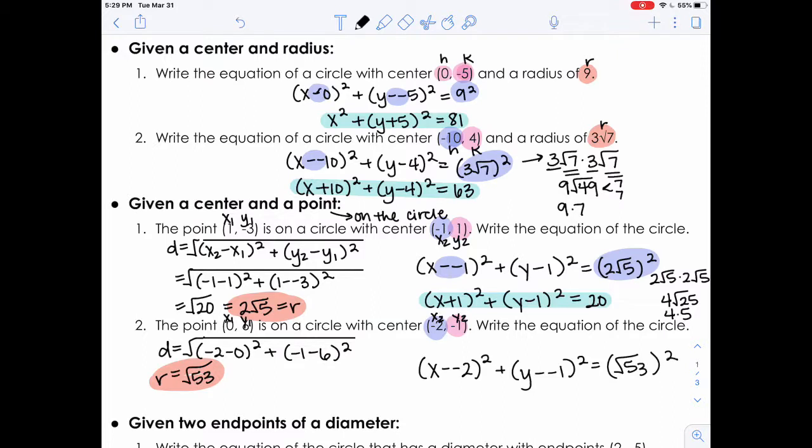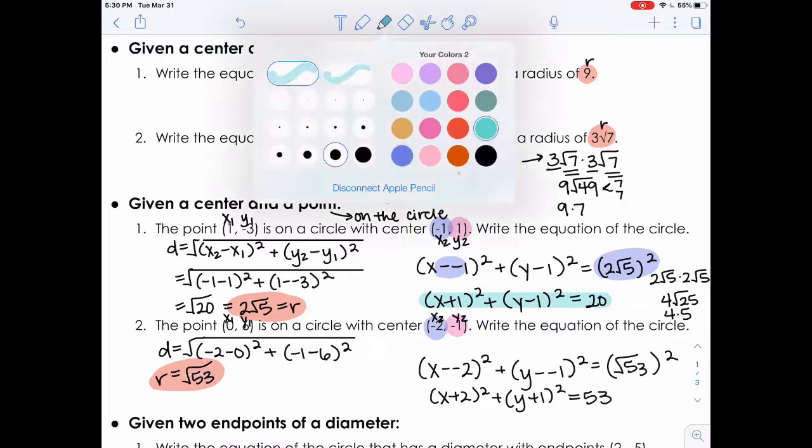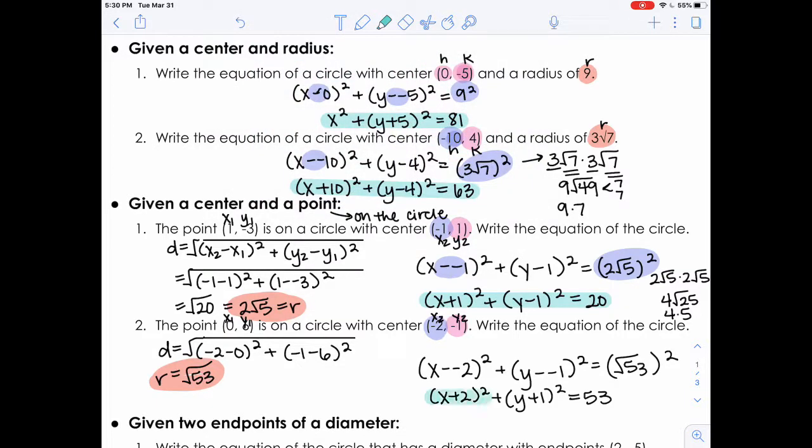We know we can simplify. So here we get x plus 2 squared plus y plus 1 squared equal to 53. When we square a square root, they cancel each other out. So here we're left with x plus 2 squared plus y plus 1 squared equal to 53.